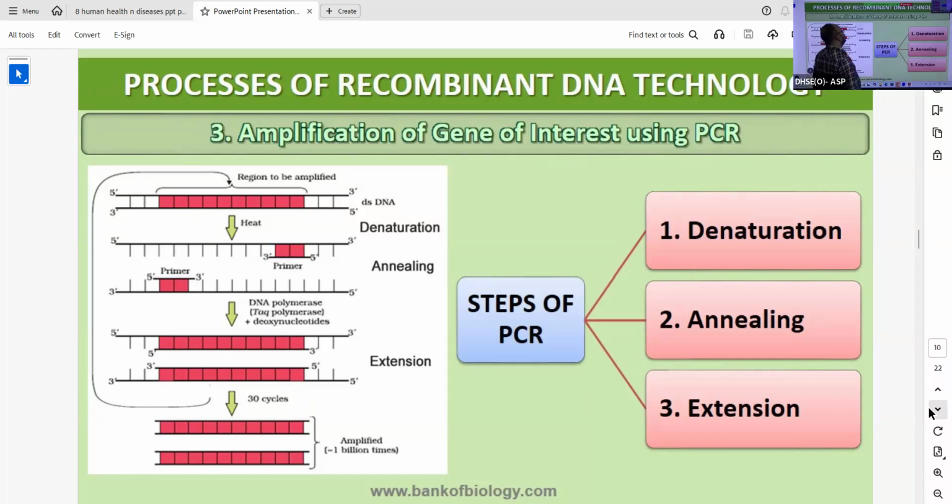As you can see, here we are focusing upon the amplification part. That particular site or region which has to be amplified must be amplified.